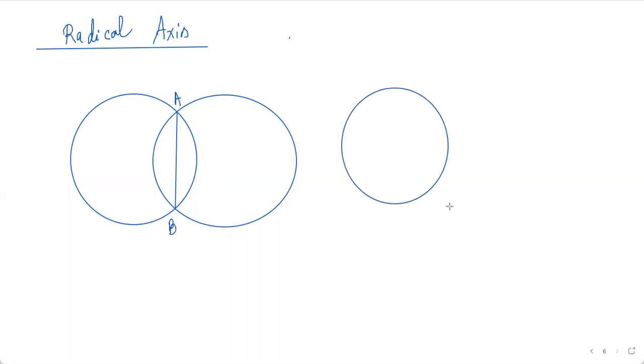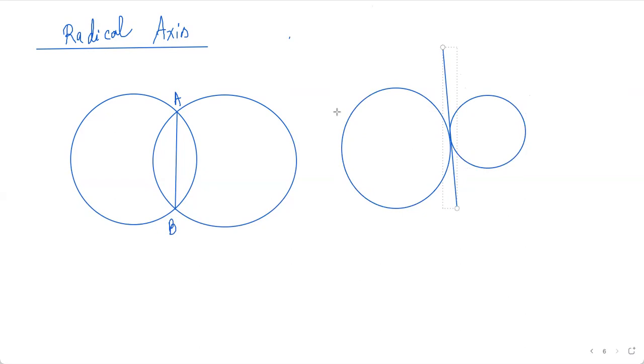If they are touching each other, then it's the common tangent there. Or if one is inside the other, then that common tangent is the radical axis. That's how we define it.